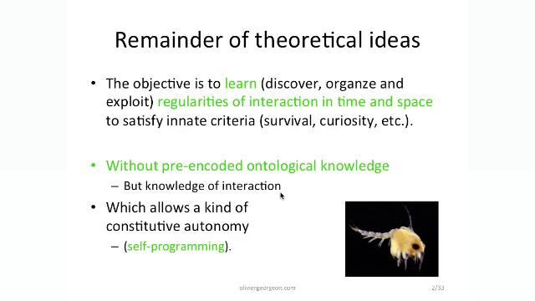So what we want is a form of constitutive autonomy of the agent. That is, if we have the same algorithm from the start in two identical robots, we want each of them to develop different behaviors depending on their own individual experience of interacting with the world. To manage to do that, there is a key notion that I introduced, the notion of self-programming.